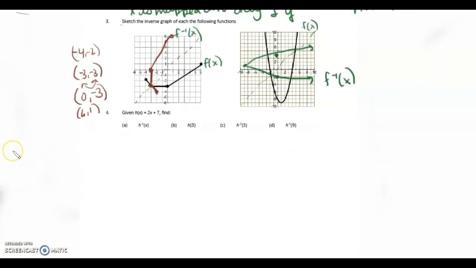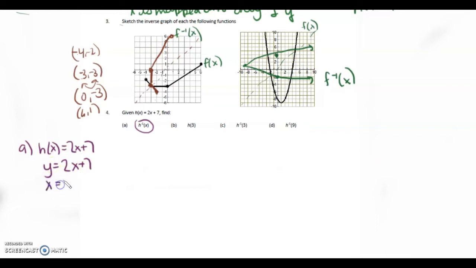Okay, so now let's work on 4. Given h at x equals 2x plus 7, we're going to find for a the inverse. We can't find the inverse with function notation, so we're going to substitute y equals 2x plus 7. Now we're going to flip the spots where x and y are.